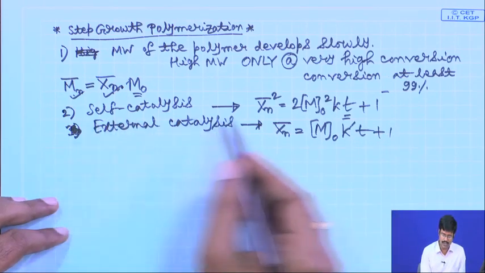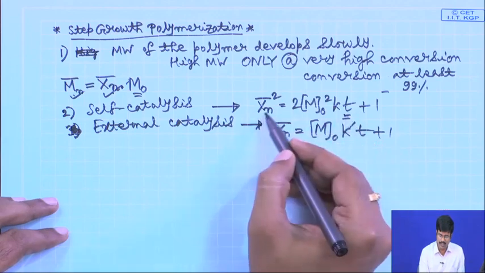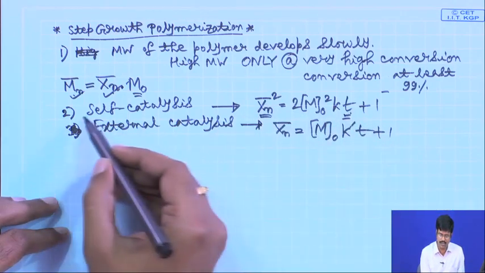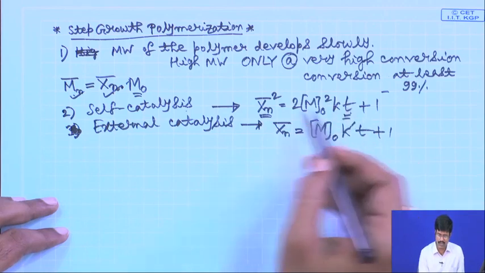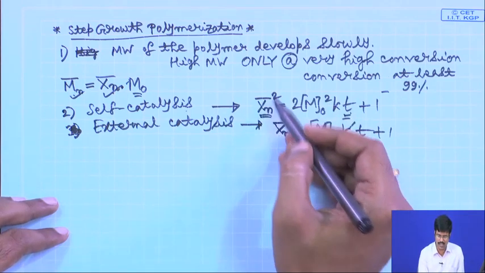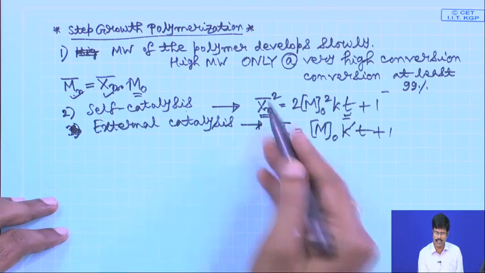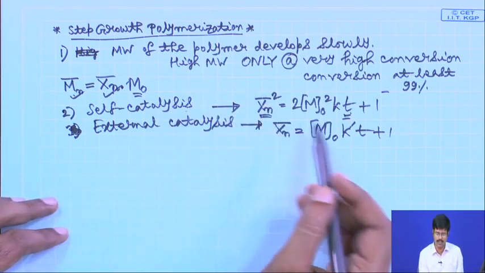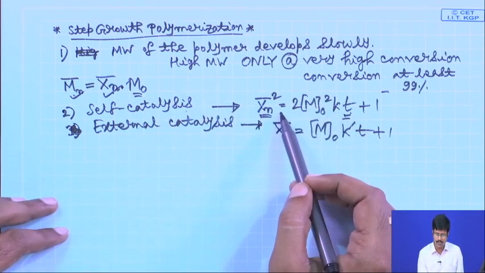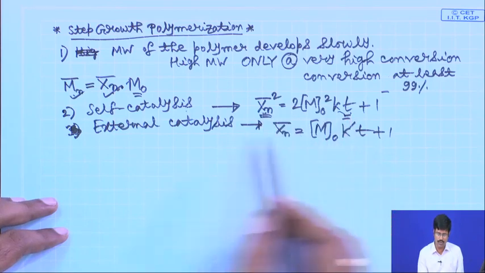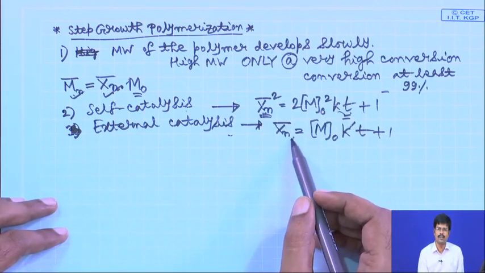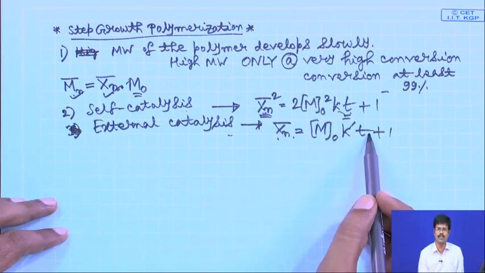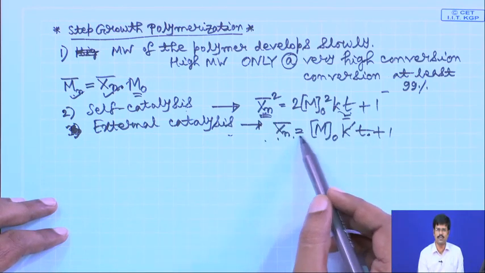And we also argued that since x n bar squared is varying with t when you have self catalysis, as time progresses the development of x n bar, the number average degree of polymerization, and in turn the molecular weight of the polymer, will be much slower than in the externally catalyzed reaction, where x n bar is developing linearly with t, not the square of x n bar.